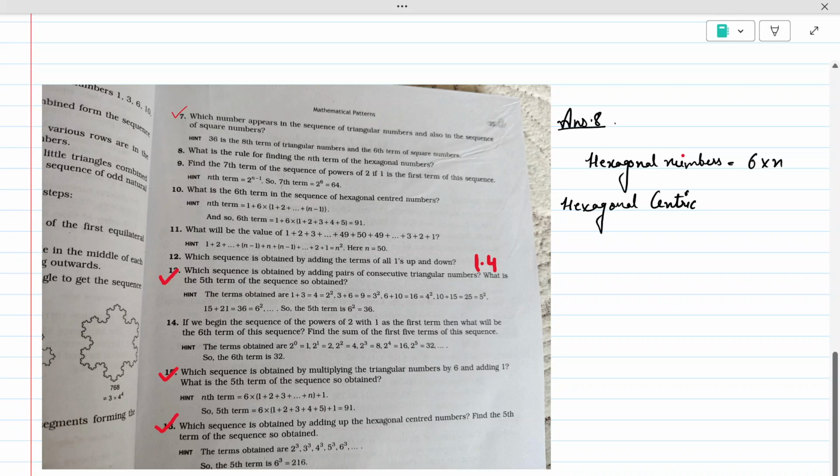So there is no dot in the center, only the hexagons. And in hexagonal centric numbers, what was that? That was 1 plus 6 multiplied by 1 plus 2 plus up to n minus 1, where n is the position where we are going to find that term.